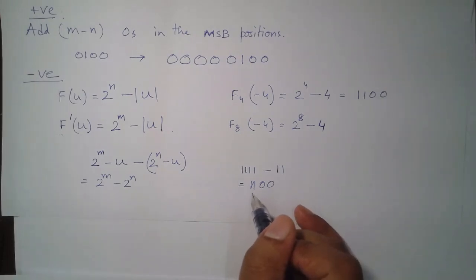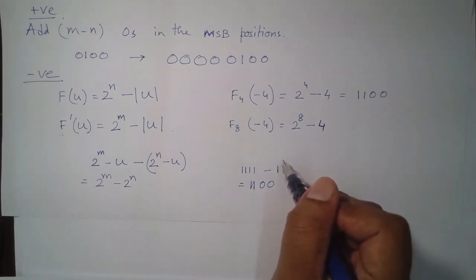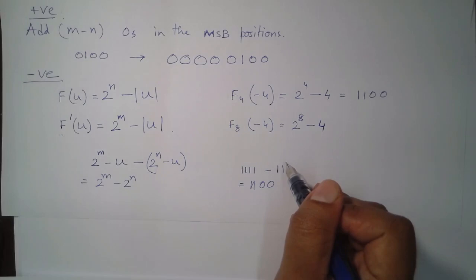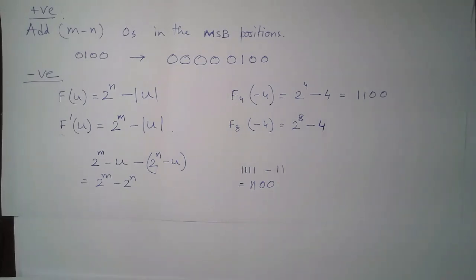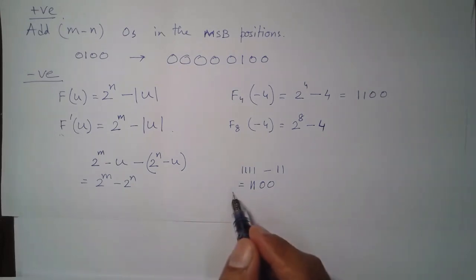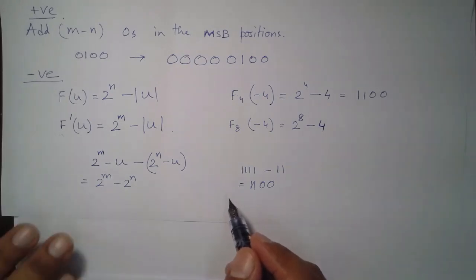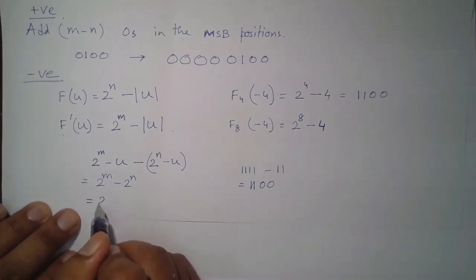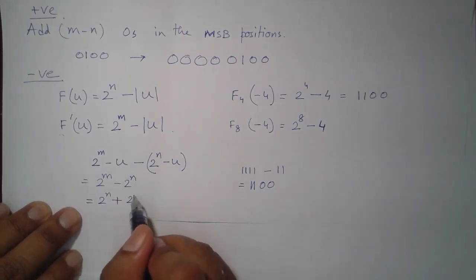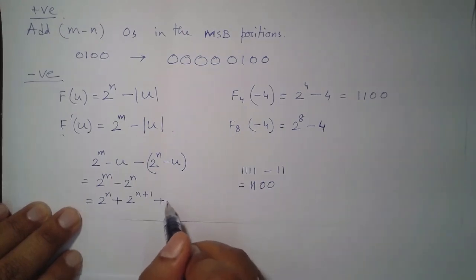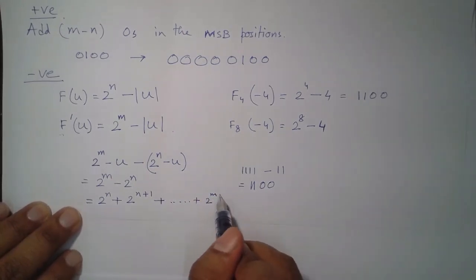All right. So if this makes sense, then okay, so this is nothing but 2 to the power n plus 2 to the power n plus 1 plus so on 2 to the power m minus 1.